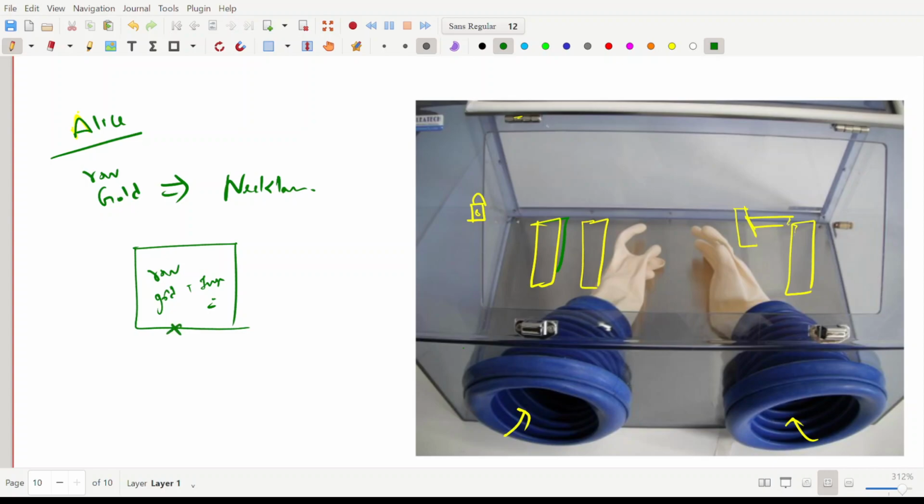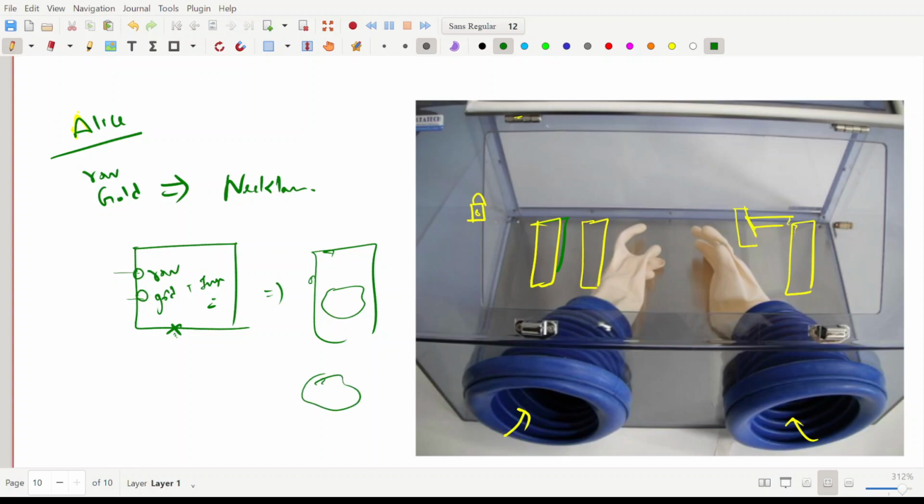She locked this thing. Then the worker will come and, with the glove box, he will be putting his hand inside and doing the work, and he will convert it into the necklace for Alice. At last Alice will decrypt and get the result, the necklace.